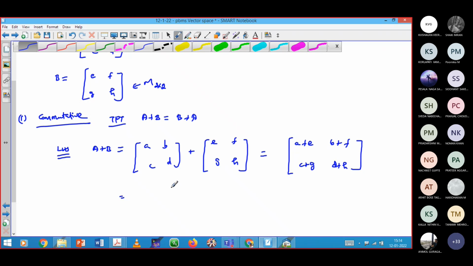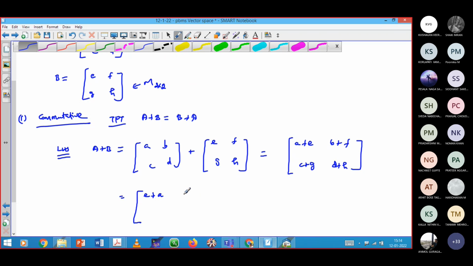Any guess how I can proceed further? Sir, you can interchange the positions of E and A. So I am allowed to interchange the positions of A and E, then definitely the value will not vary.